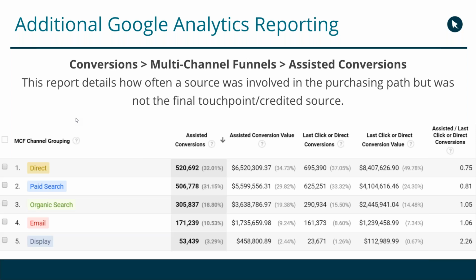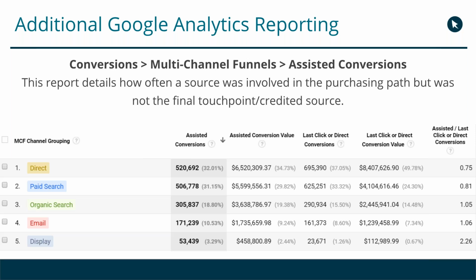But Nick, you might have something to add here as well. Yeah, I would just say, similar to what we were talking about with the different default modeling, it's not necessarily saying you should choose one, but to look at all the reports. These are other reports that you can look at to say, in this case, assisted conversions: what sources were involved in the purchasing path? So it's another way to see what sources and channels were involved in the path, but it's not one size fits all.